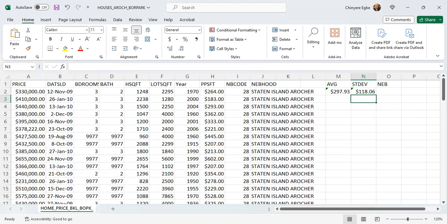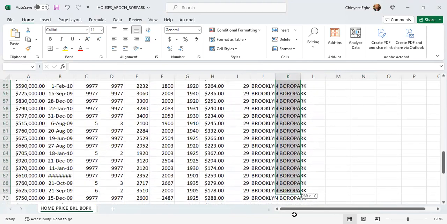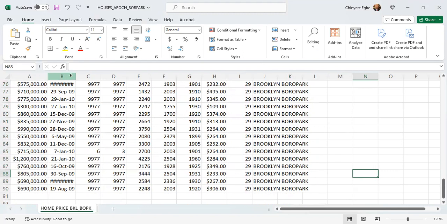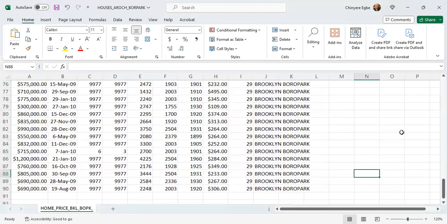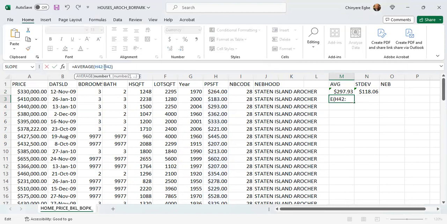Okay. All right. So we do the same thing for the other neighborhood, which is from 42 to 90. Okay. 42 to 90. I'm going to play a little trick here.